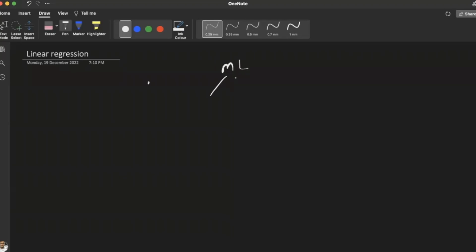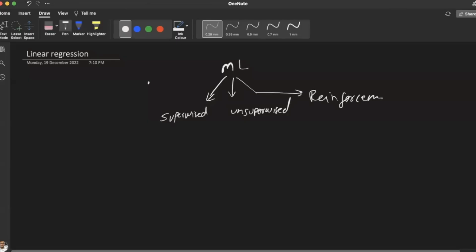In machine learning there are three parts, right? The first one was supervised, unsupervised, and reinforcement learning we have in here.